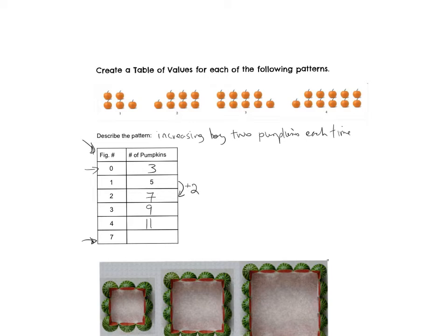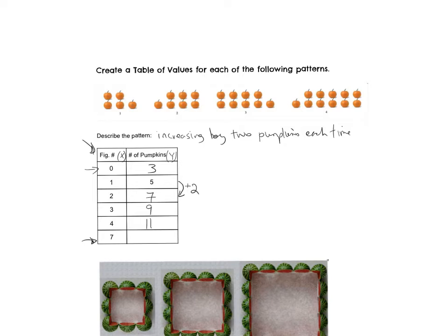We have on the left-hand side, which is our X column, the figure numbers, and our right side, which is the Y column, we have filled out with the number of pumpkins in each. So now we've used the table of values to show all the information we have to describe this pattern that's just being displayed.